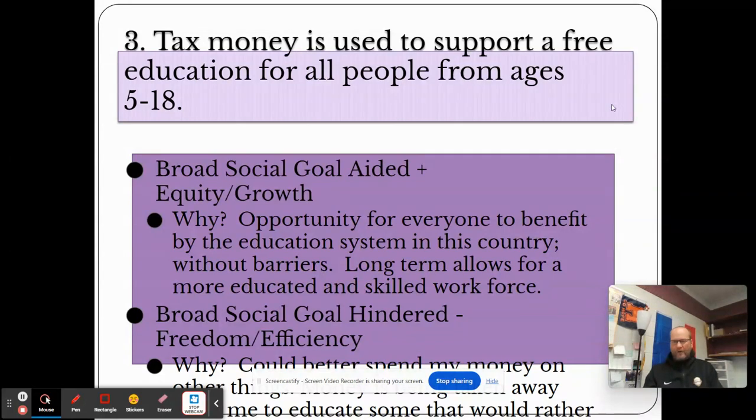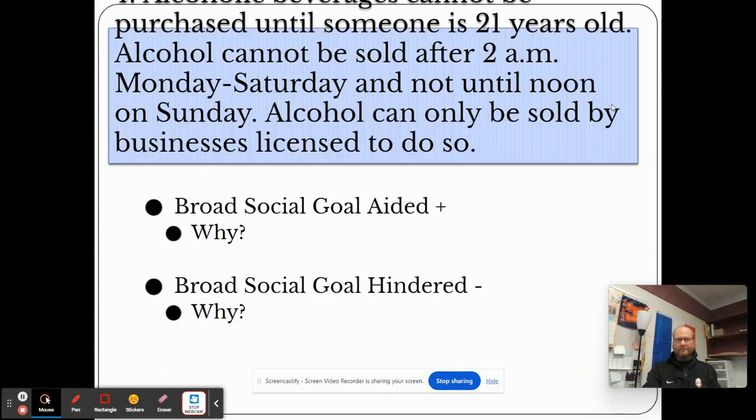I don't really have a choice in that. Now, I can obviously vote for politicians that might lessen taxes or say they're not going to spend the money on education, maybe on other things that I think should be spent on. Now, obviously, being a teacher, I love it that a lot of our tax money is spent on education. Hey, that helps out my paycheck. But it could hinder freedom and efficiency a little bit.